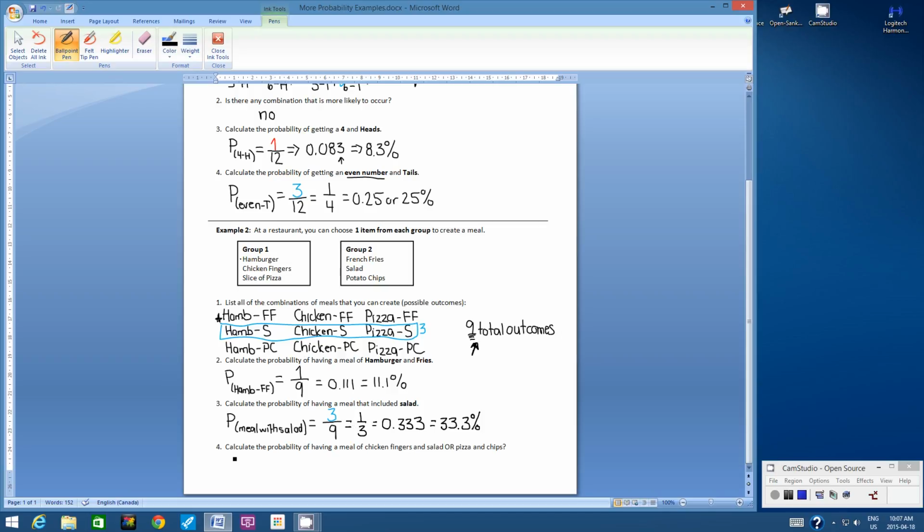Okay, number 4. Calculate the probability of having a meal of chicken fingers and salad, or pizza and chips. Okay, so this is going to be pretty hard to, let's just do a code here. So chicken fingers and salad, or pizza and chips.